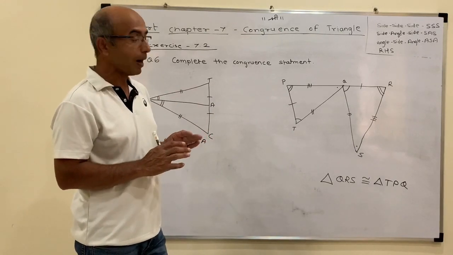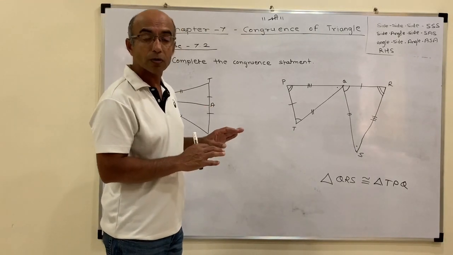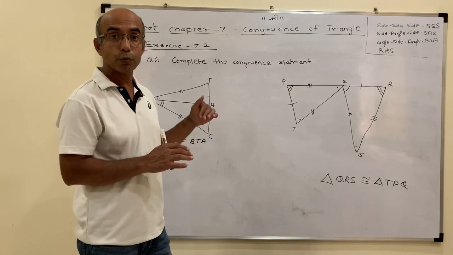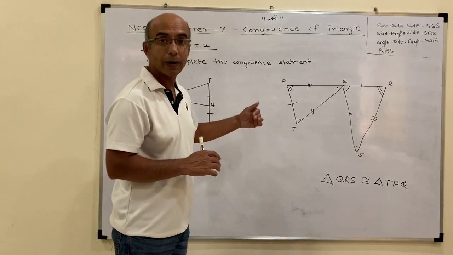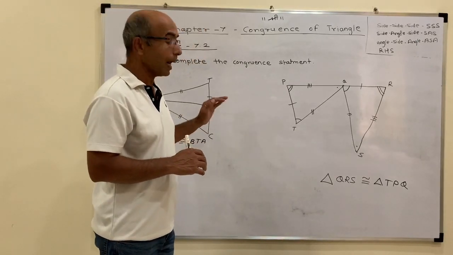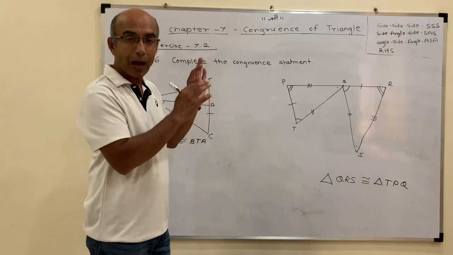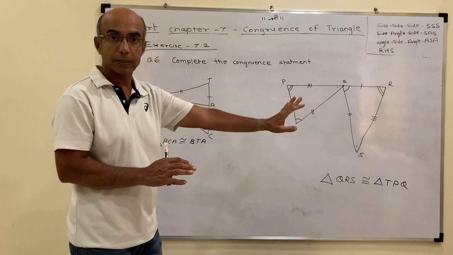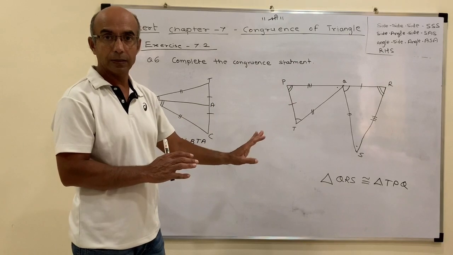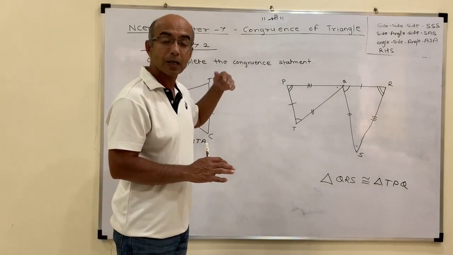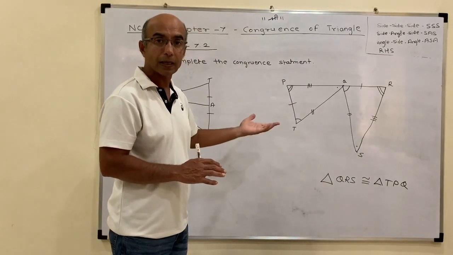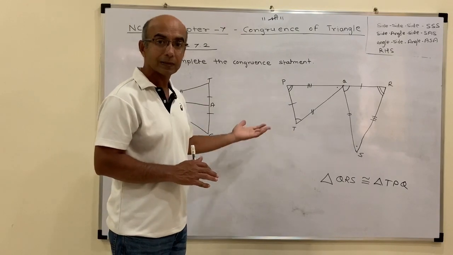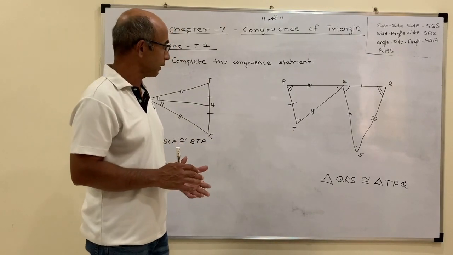Keep one thing in mind, don't ever follow the alphabetical sequence while proving or finding the congruence of triangles. Triangle ABC need not be congruent with XYZ. It might be XZY. So you need to find the corresponding sides, corresponding angles and corresponding vertices and not the alphabetical sequence.